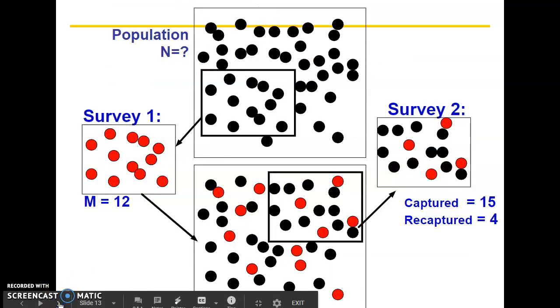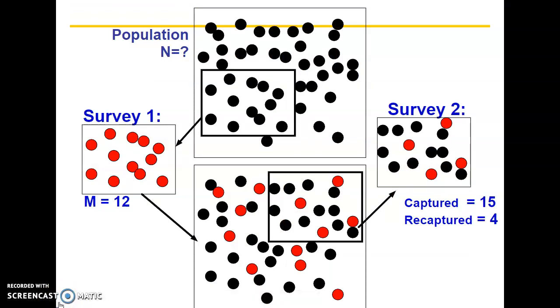Okay, so here's just showing you, it's using different units. It's using symbols. So N is your population, and whenever you see an uppercase N in this unit, that's talking about population. M is the number that were marked. Okay, and then you have captured and recaptured.